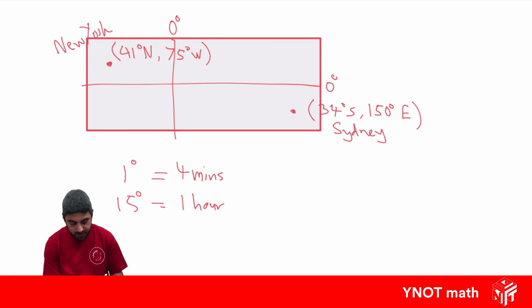Okay, so let's have a look at an actual example. So, by the way, north and south have nothing to do with the time zone. It's only the west and easterly directions which have anything to do with your time zone, so all our longitudes.